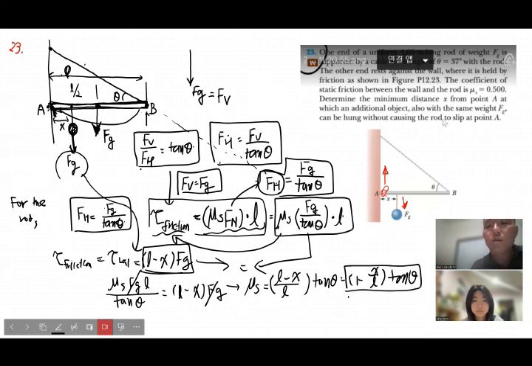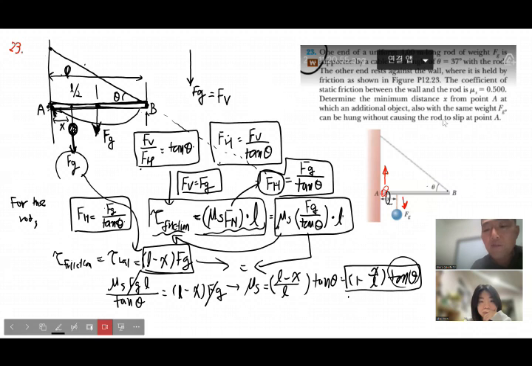Okay, so if the angle is getting bigger and bigger, then you need less and less friction. I mean, more and more friction. And if this angle is smaller, then you have a smaller frictional coefficient. Same thing for the variable x.